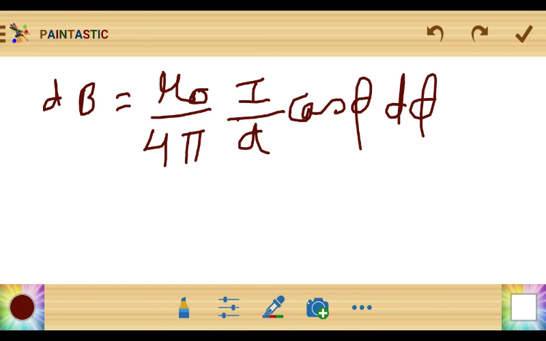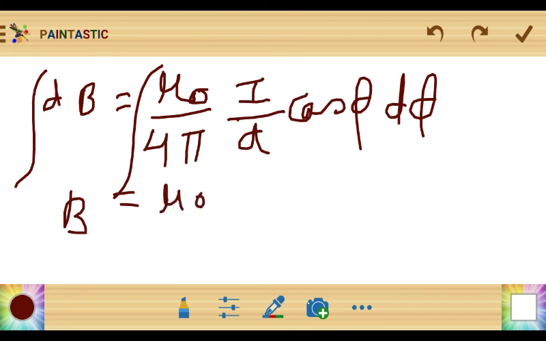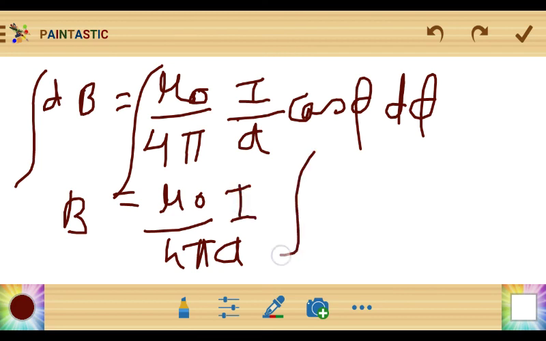Now as I aim to find the magnetic field due to the complete wire, I'll simply integrate it. So the integration of dx is x, so the integration of dB will be B, the magnetic field due to the complete XY wire length. So mu 0 upon 4 pi can be taken out, a can be taken out, I also can be taken out. What is left is cos phi d phi.